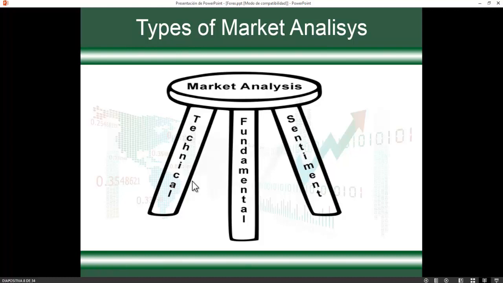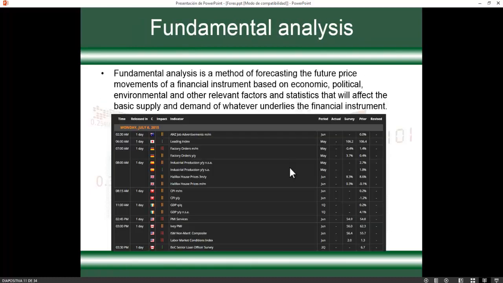So I would say 33.3% of your risk is going to be these three legs there. The more things that you can find pointing in the same direction, the more chances that your trade will be successful. And that, for me, is the first part of the video done.